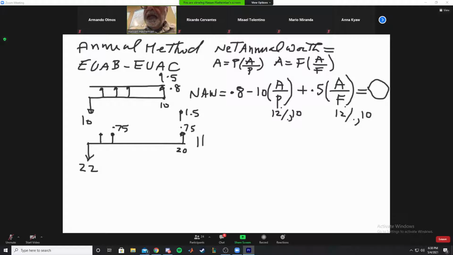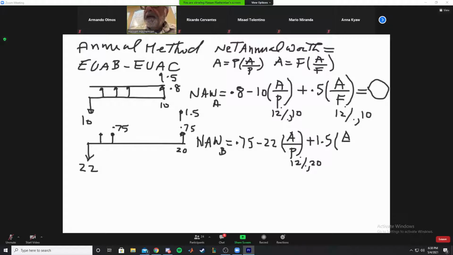You put net annual worth of B is equal to 0.75 as the annual benefit minus 22 million times A over P at 12% and 20 years, and then plus 1.5 times A over F at 12% and 20 years equal to.